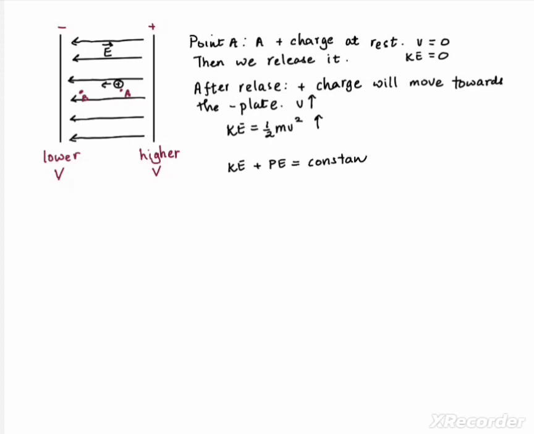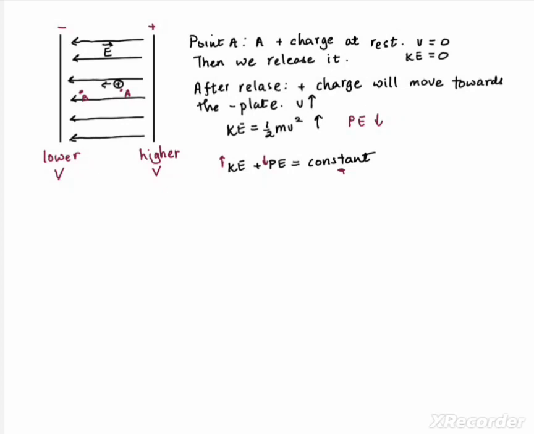So if kinetic energy is going to go up, then potential energy has to go down, because when you add the two values, it equals a constant value. So we have kinetic energy moving up, which means our potential energy is going to go down.